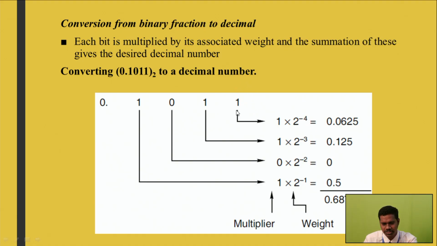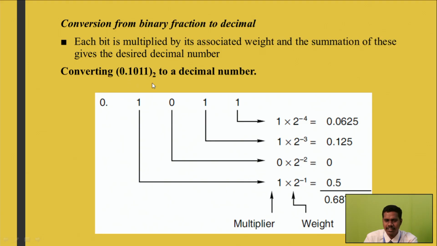After the dot, on the right-hand side, the position is 2 power minus 1. On the left-hand side, the position is 2 power 0, and before that 2 power 1, and it continues likewise. After the dot, the first digit is 1, which has the weightage of 2 power minus 1.